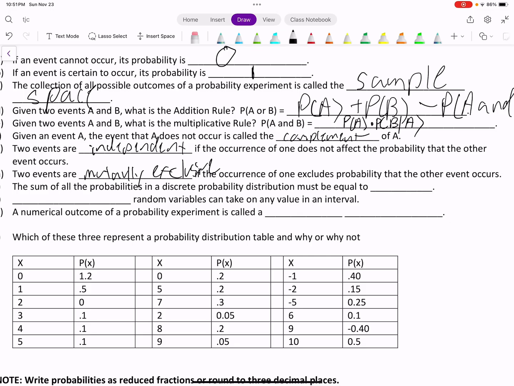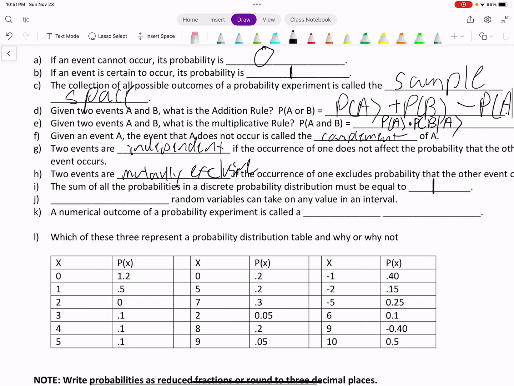The sum of all probabilities in a discrete probability distribution must be equal to 1. A continuous random variable can take on any value in an interval.